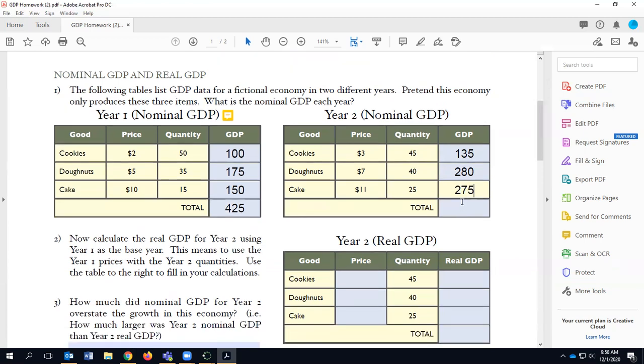And so now you're going to add those 3 numbers together. 135 plus 280 plus 275. 690.